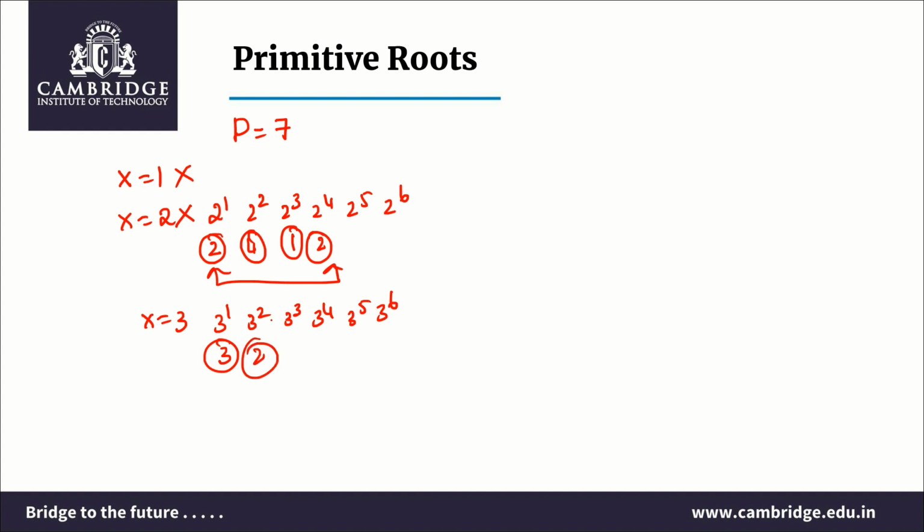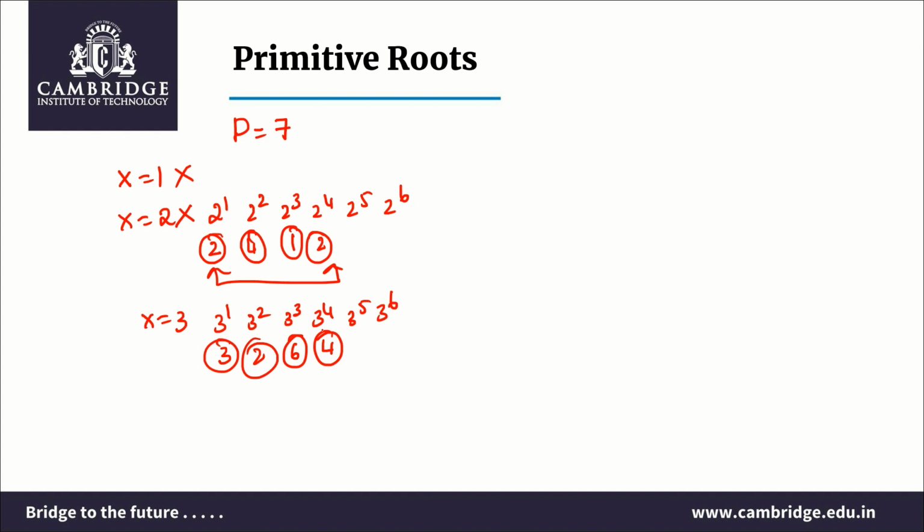What is 3 cubed? 3 cubed is 27, and when you take 27 modulo 7, you will get 6. What is 3 power 4? 3 power 4 is 81. 81 divided by 7, you're going to get 4.